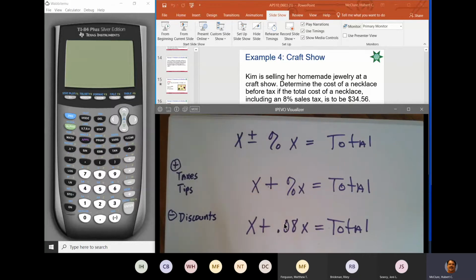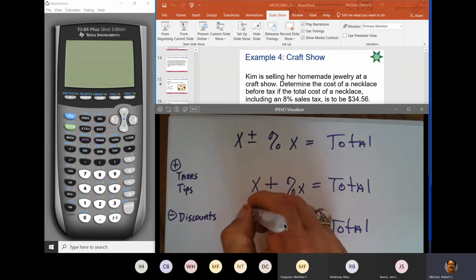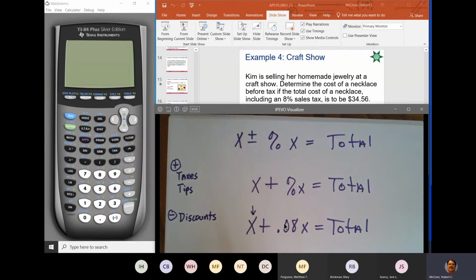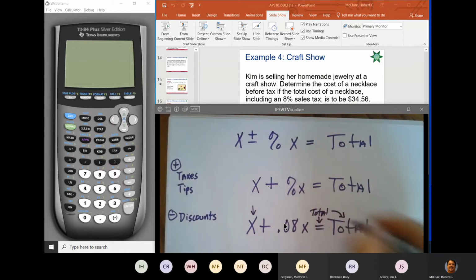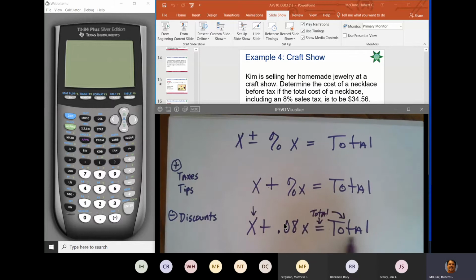It says, determine the cost of the necklace before taxes, which is right there. If the total, well, I've got total written right here out of the Walmart equation, and the equal sign means that on the right-hand side is going to be the total.